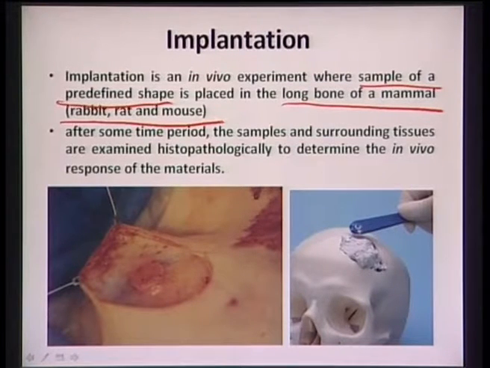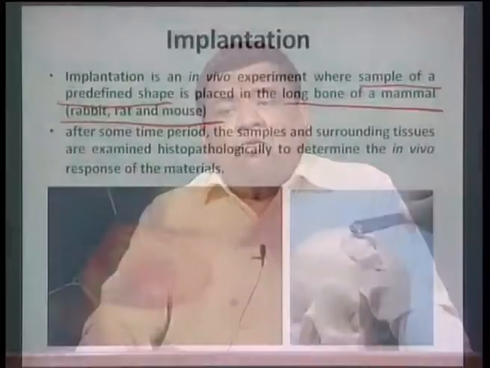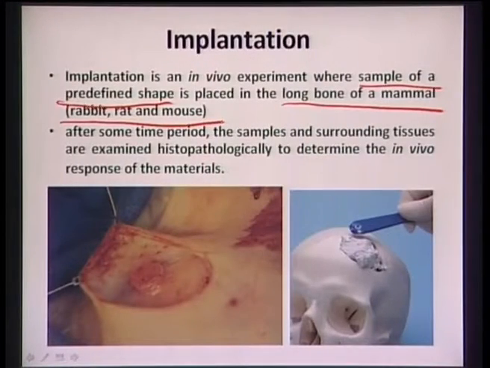Now, as I said, this is the philosophy behind choosing the particular animal model in the in vivo experiment. If you develop a material for bone replacement or load bearing bone replacement implants, then the first thing you should do is the implantation test in rabbit, not in a small animal, because with small animals like rat or mouse, the strength of the bones is not as strong as in an intermediate animal model like rabbit.